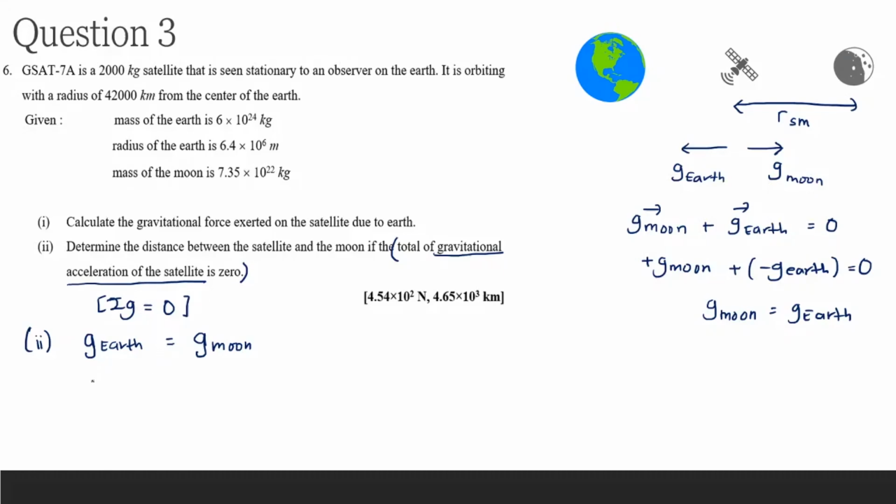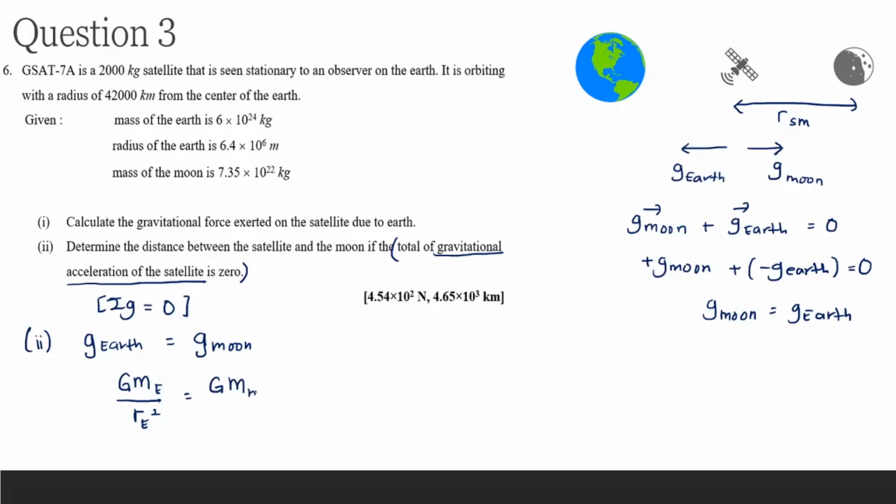Okay, next kita apply formula GM over R squared. Earth is the one that pulls the satellite. So G M_E, mass of the Earth, divided by R_E squared equals capital G, mass ni apa?